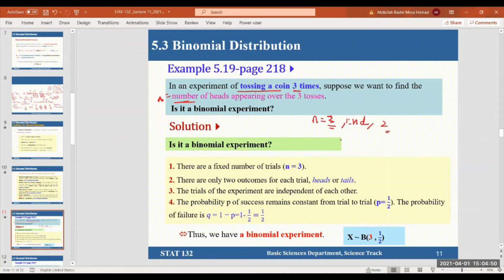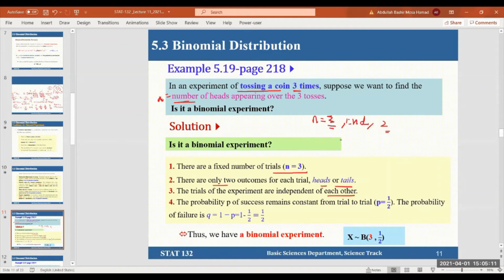So the 4 conditions are satisfied. First condition, the number of trials is known in advance. We know we tossed a coin 3 times. Only 2 outcomes, yes: we have T or H, heads or tails. Trials are independent from each other, yes.